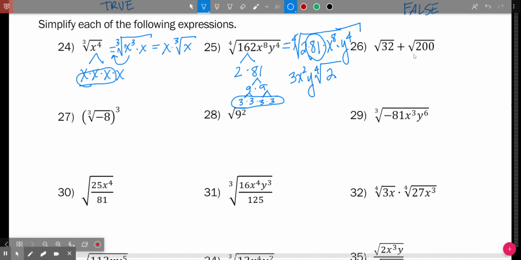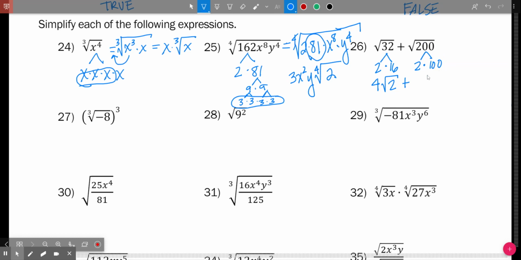When you add radicals together, like in 26, the only way to add two radicals together is if they have the same radicand. So if I factor this down, this is 2 times 16, and the square root of 16 is 4. So this is 4 square root of 2. Plus 200 is 2 times 100.